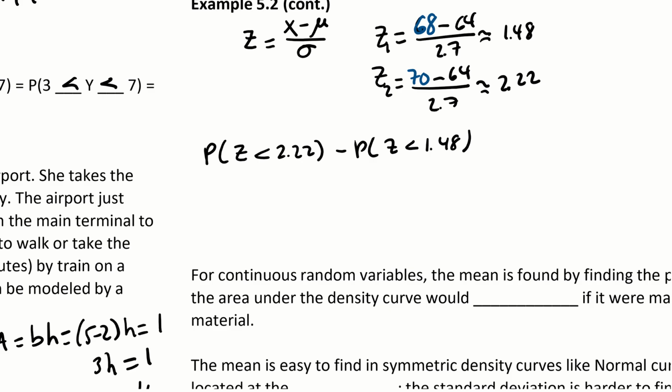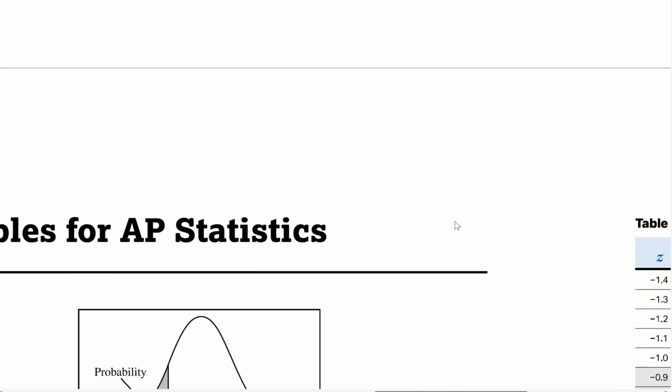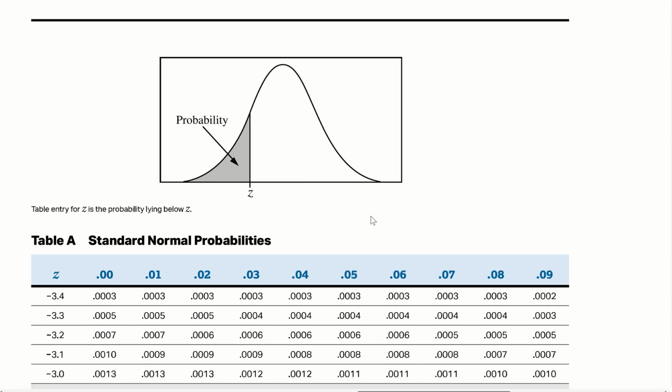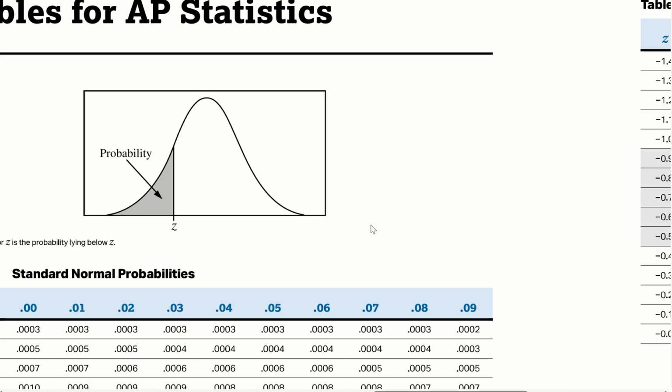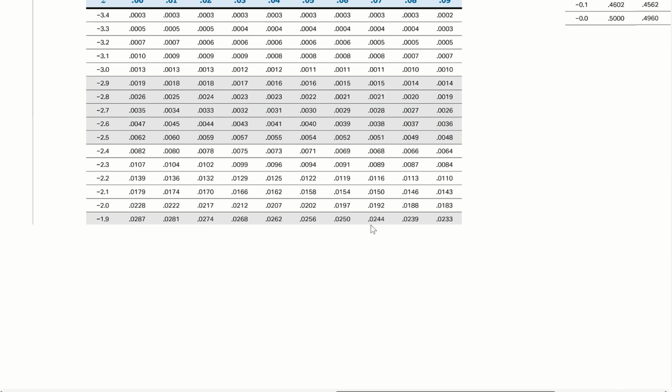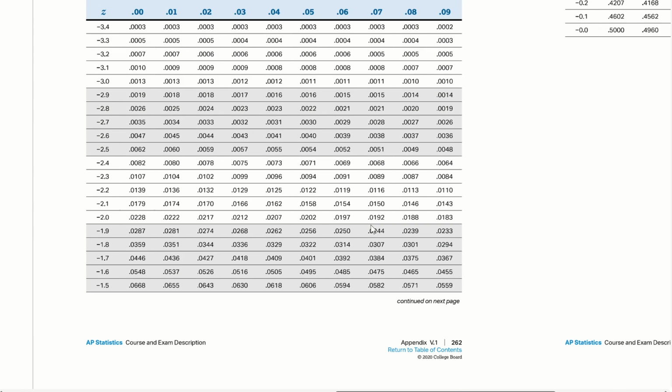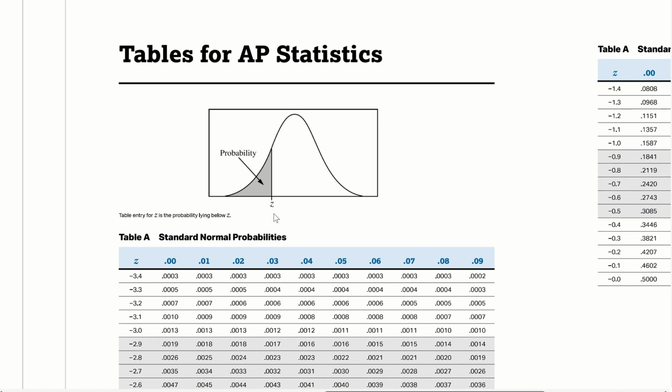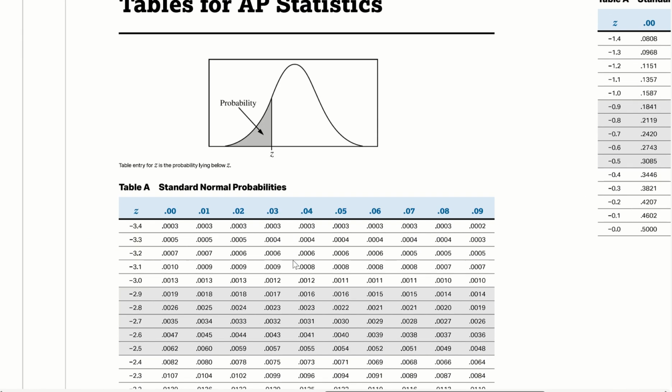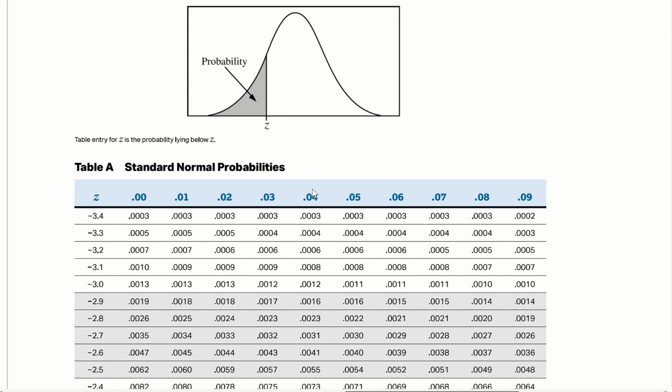Remember that the table gives you the area to the left by default, right? The area to the left.